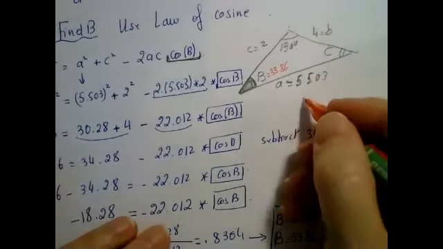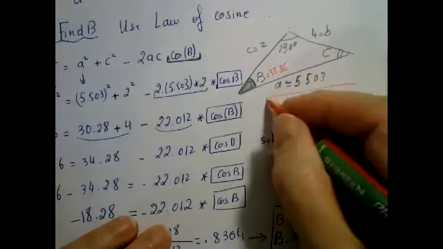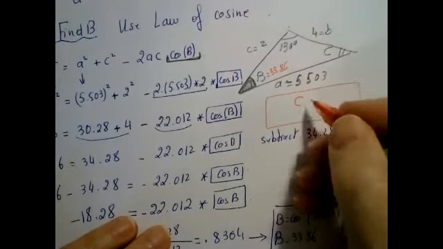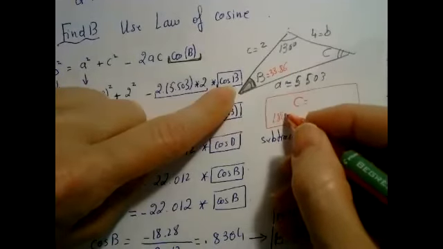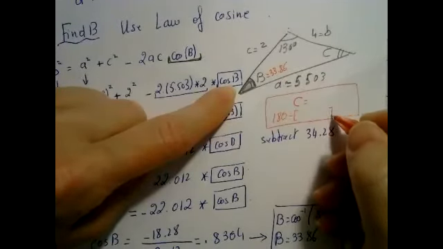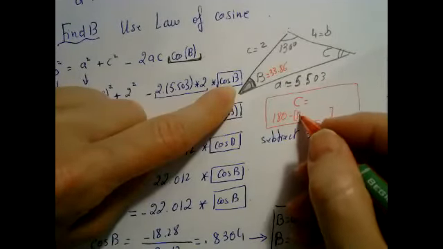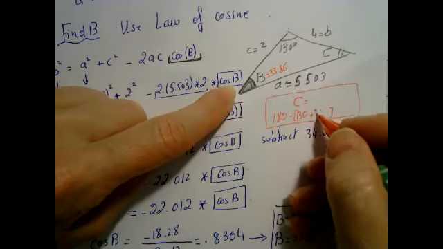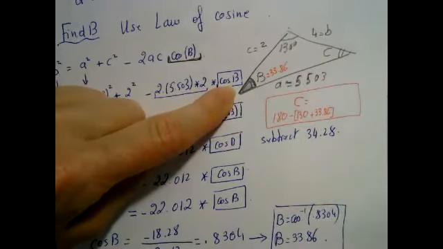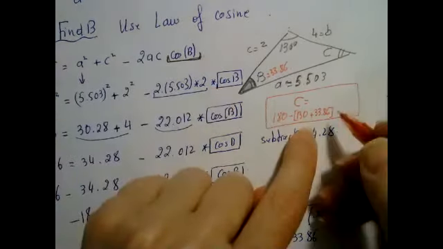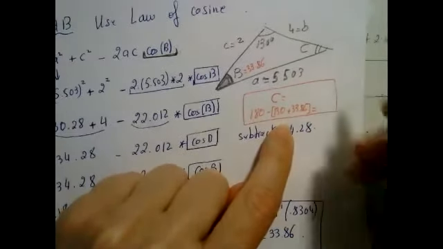So now to get C, which is going to be my last problem, what's C equal to? I'm going to take 180 and subtract from it the ones I have, which is 130 plus 32.86. First I add those.